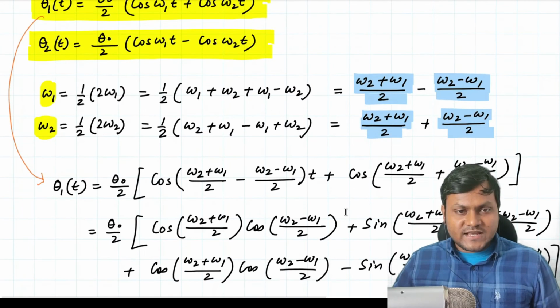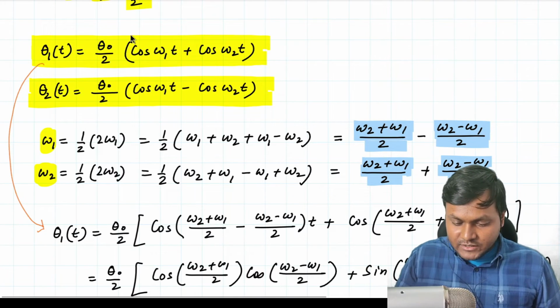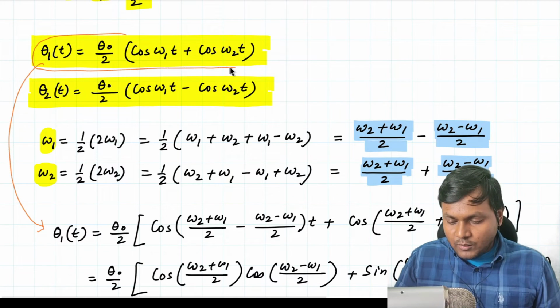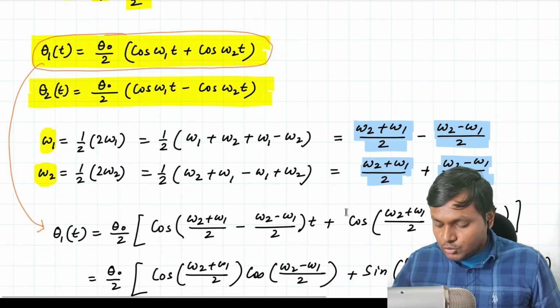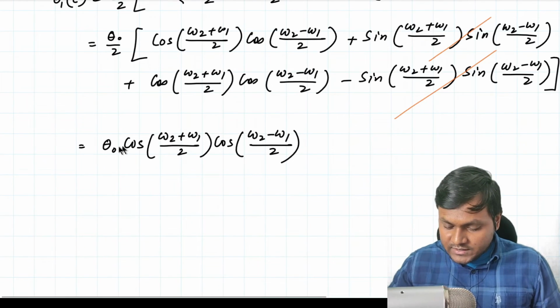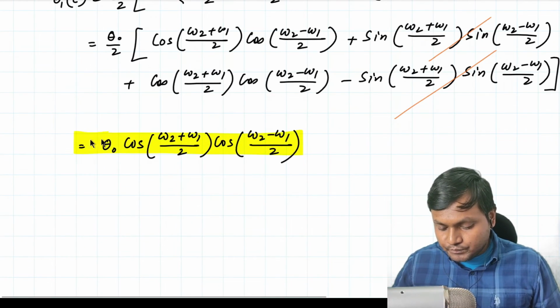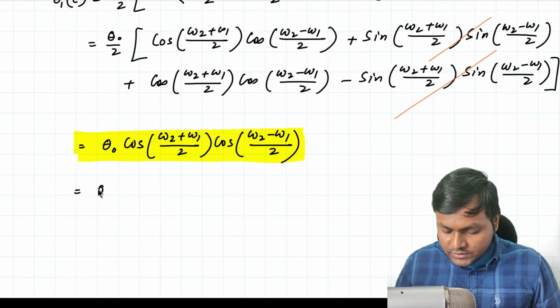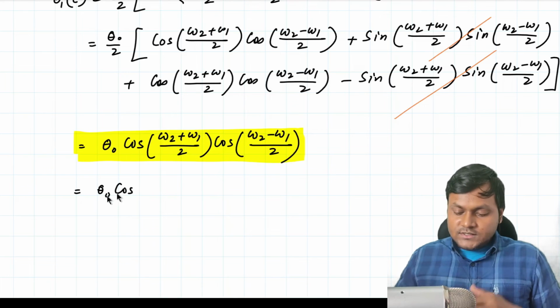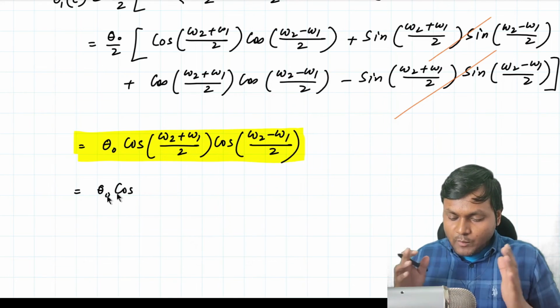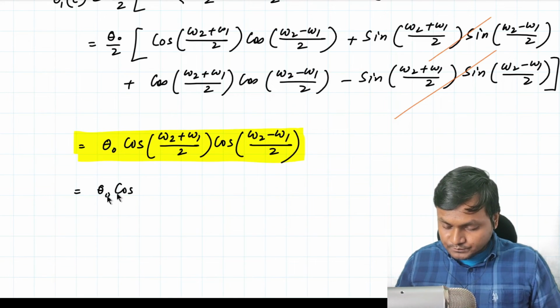So I have finally obtained the expression. This general solution, theta naught upon 2 (cos omega 1 t plus cos omega 2 t), can simply be written in this particular fashion. Now what is this? This is equal to theta naught cos of some kind of a frequency, (omega 2 plus omega 1) upon 2, times t. Let's suppose that is delta.